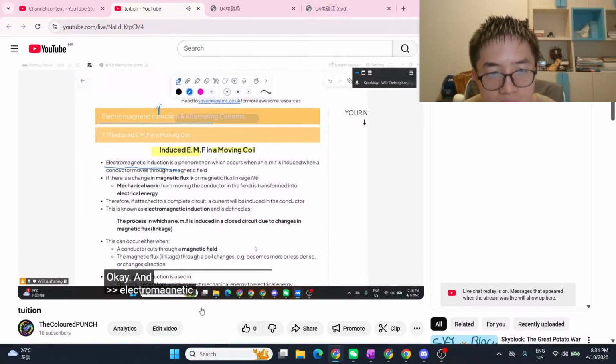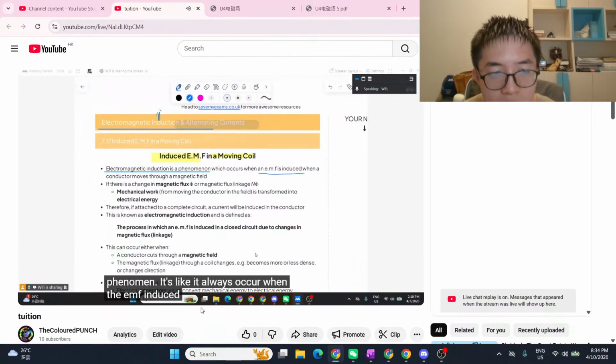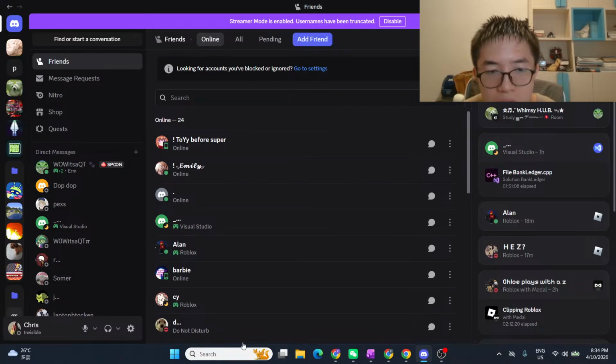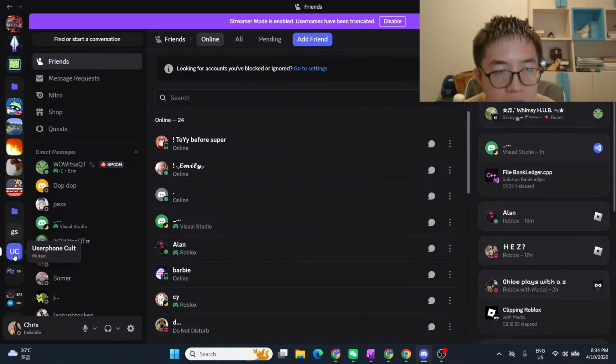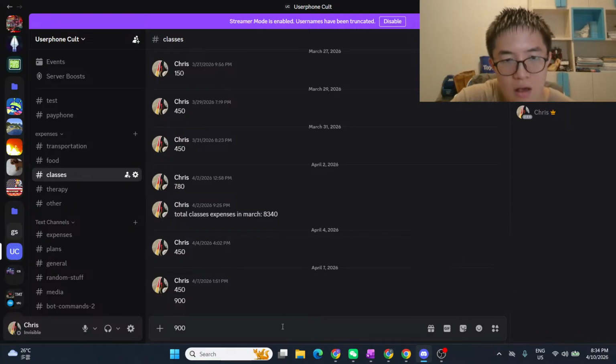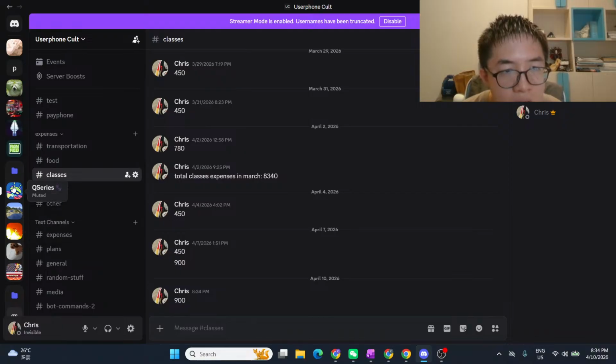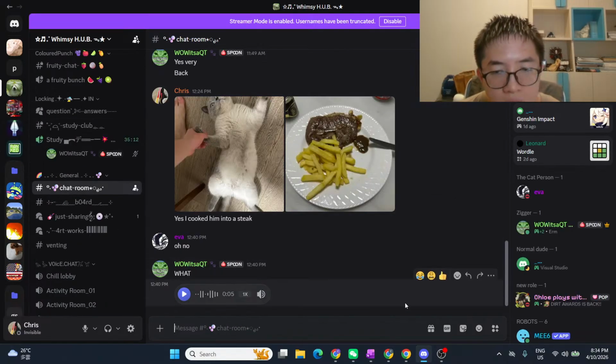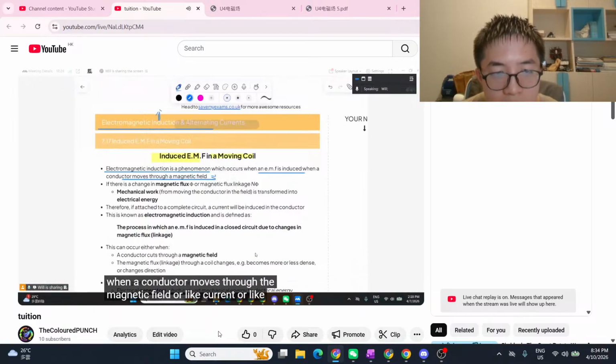Electromagnetic induction is a phenomenon that occurs when an EMF is induced when a conductor moves through the magnetic field, or cuts the field lines. If there is a change in the magnetic flux or magnetic flux linkage, the mechanical work from moving the conductor in the field is transformed into electrical energy.